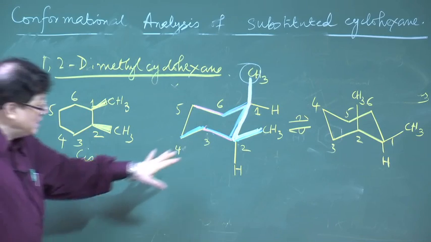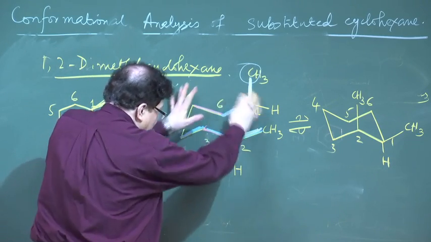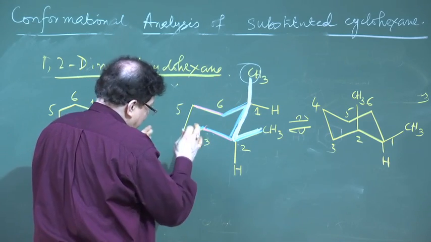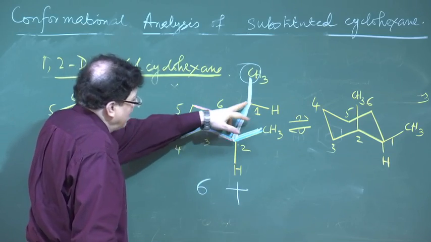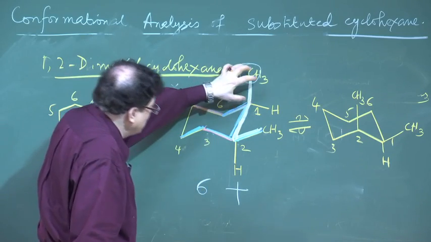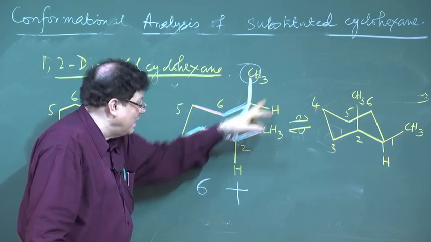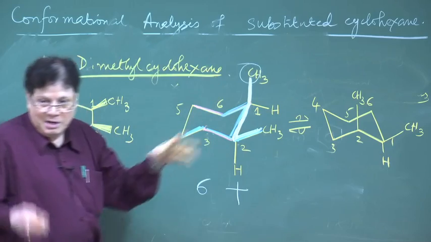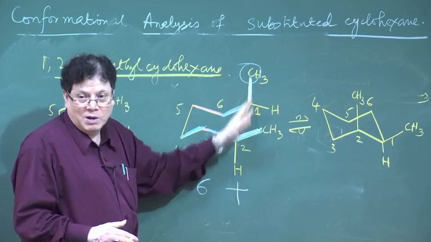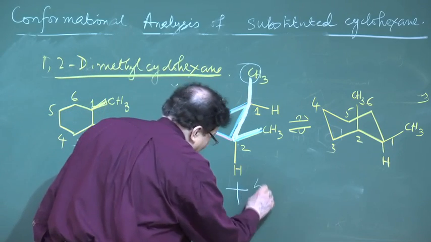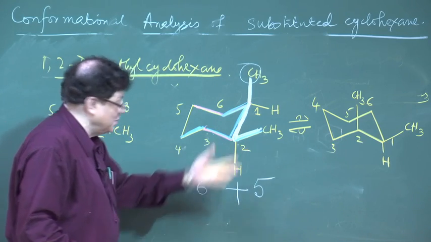So, the number of extra butane units: 6 is already there in the cyclohexane, but the excess, 6 plus, now you have 5 butane units, 2 for each carbon atom that you have introduced, and another is the mutual butane unit formed due to their 1,2 relationship.